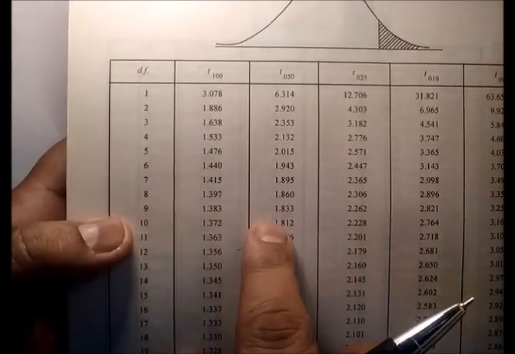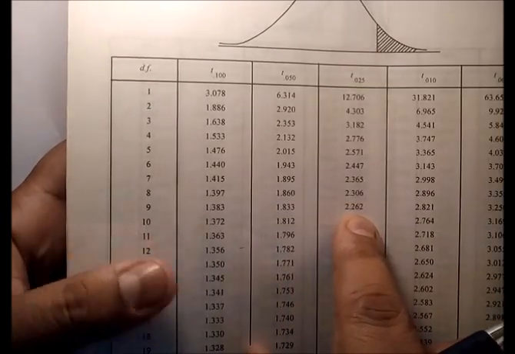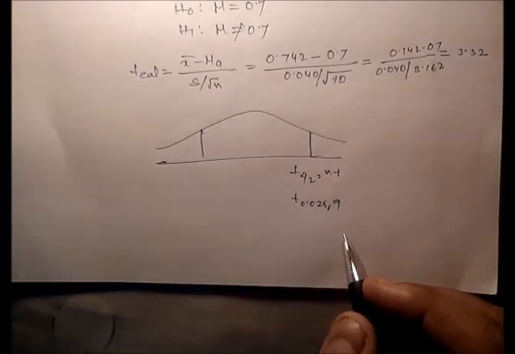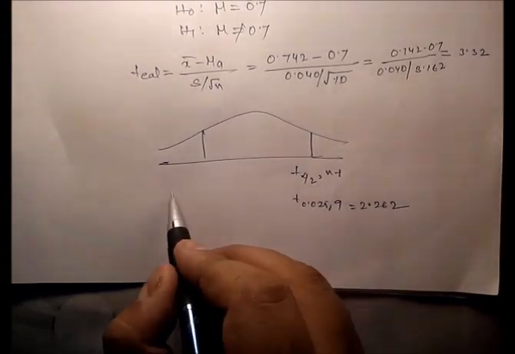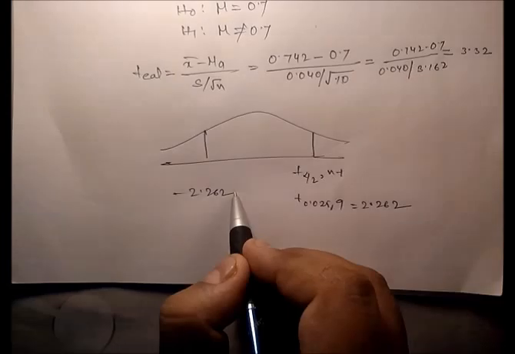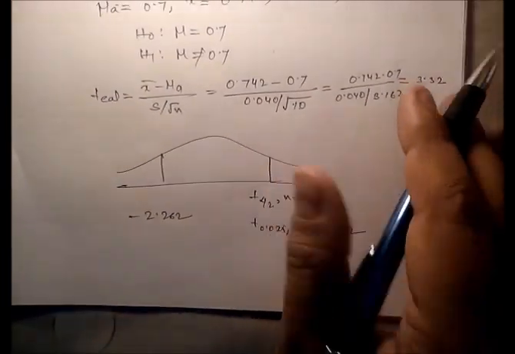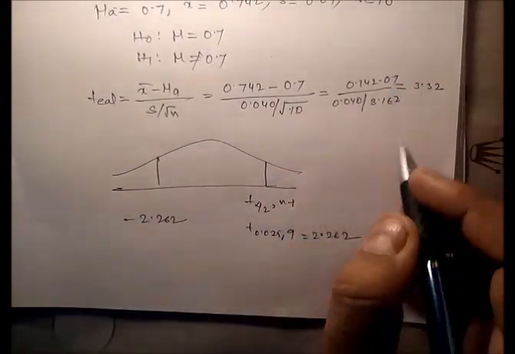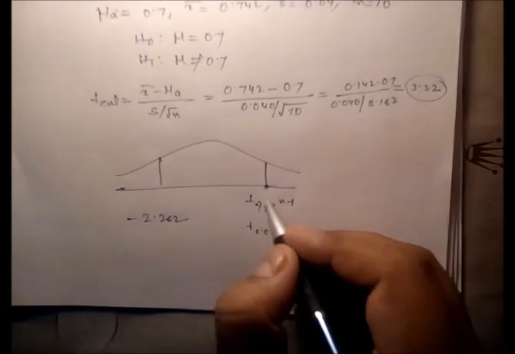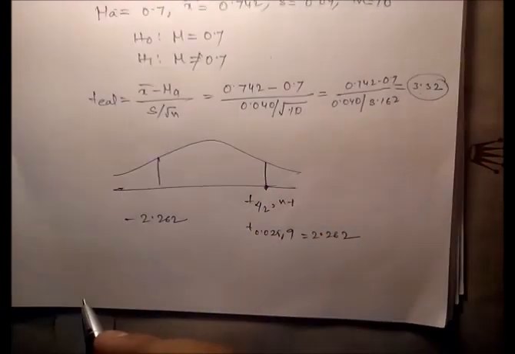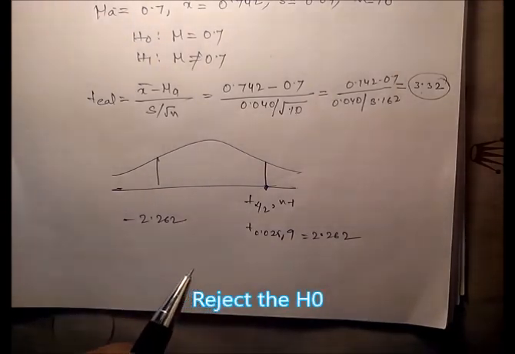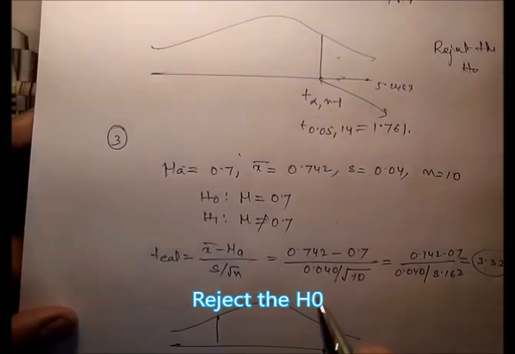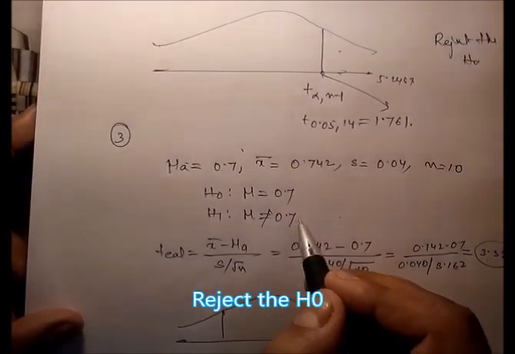For alpha 0.025 the value is 2.262, and on the other side it is minus 2.262. Our calculated value is 3.32. Since our calculated value is more than the upper critical value, we reject the null hypothesis. Rejecting the null hypothesis means mu is not equal to 0.7.